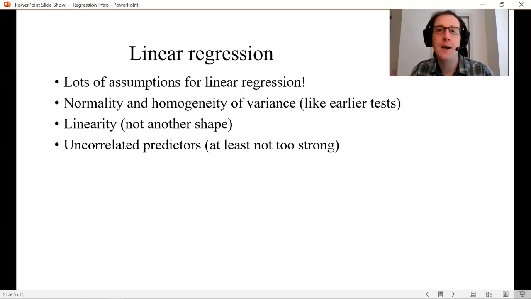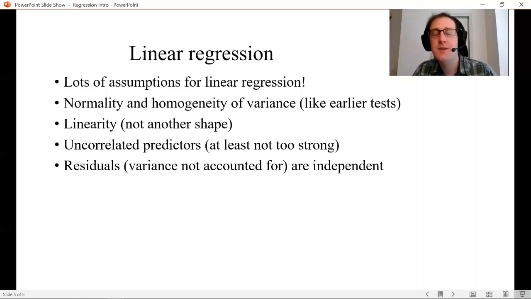There's going to be bias in both the parameter estimate, that is the estimate of the slope, bias in the F-test for the model, and bias in the p-values. This is not really a problem as long as your predictors aren't correlated super strongly, but when they're really strongly correlated, you can't interpret a linear regression at all at that point, right?